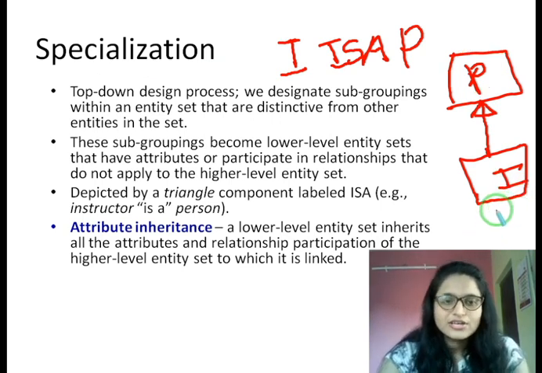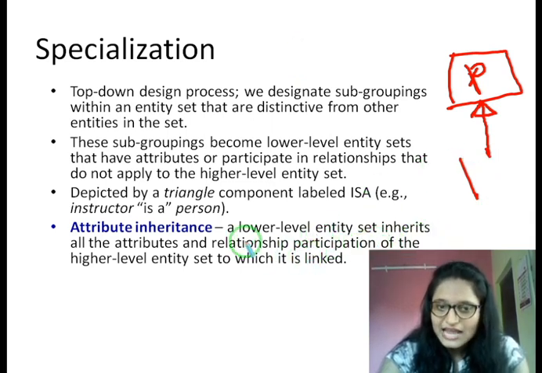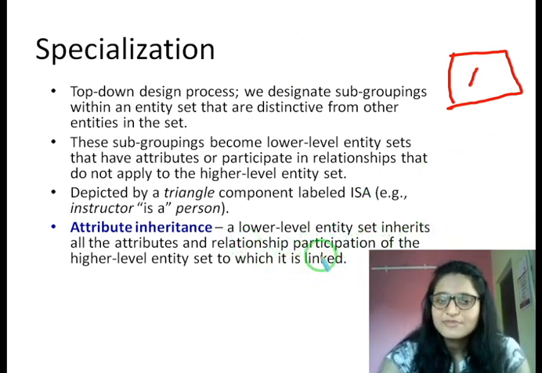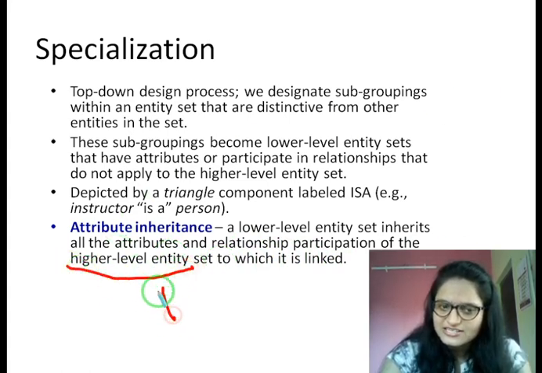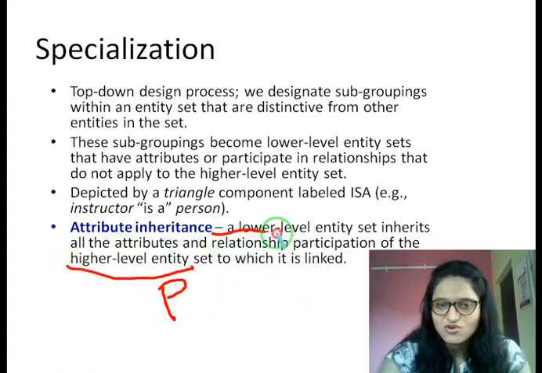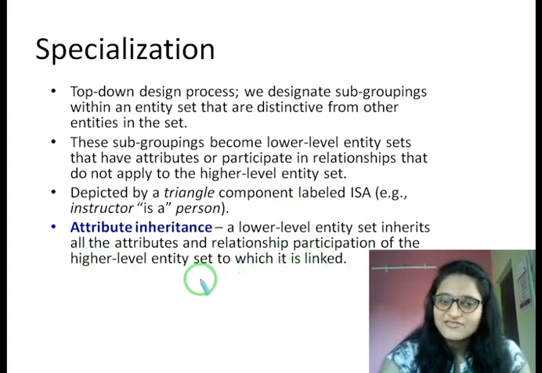Right? Okay. So the lower level entity set inherits all the attributes and the relationships participated in at the higher level entity set. What is the higher level entity set here? That is person, and the lower level entity set is instructor. Okay. So instructor inherits all the attributes and the relationships participated in by the higher level entity set.